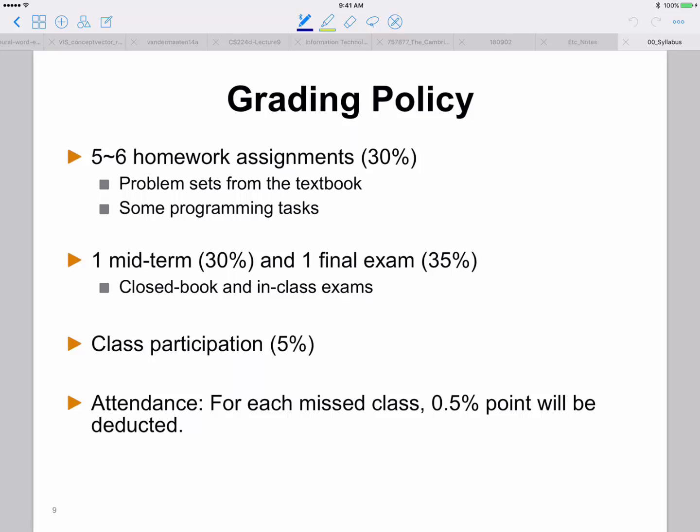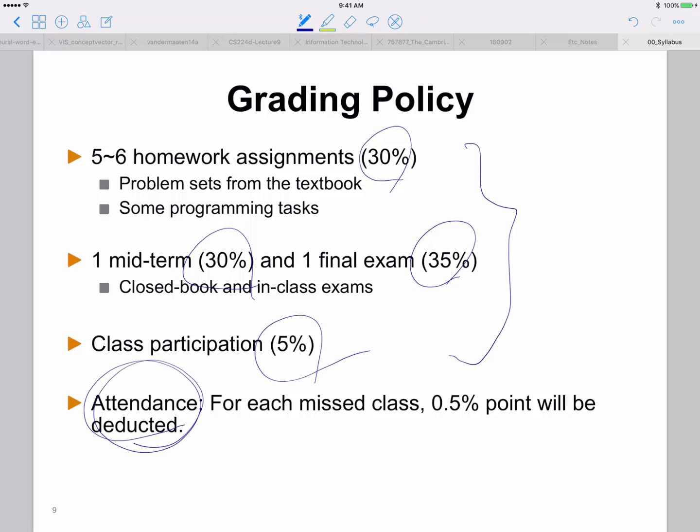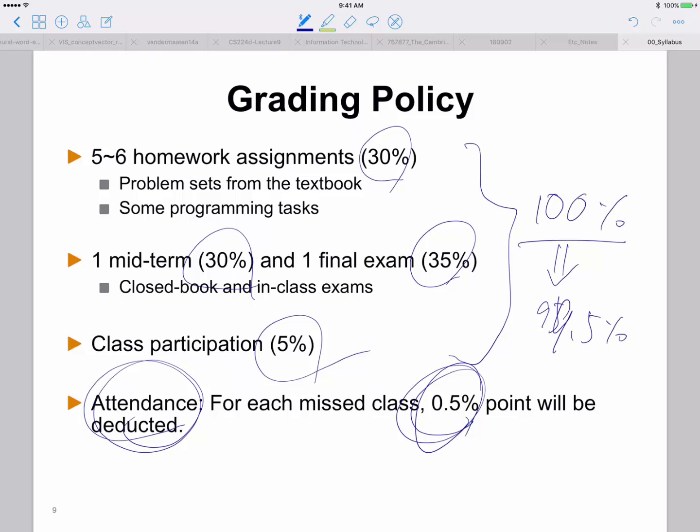Okay, and as you see, the first 3 items already sum up to 100. Regarding attendance, once you miss just one class, even if you achieved a 100% score, it will deduct from your total points. So once you miss 1 class, even if you achieved a 100 score, the total will be 99.5.